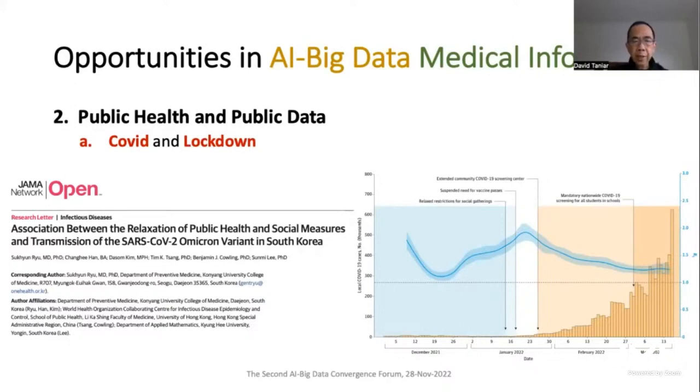So in this paper, they analyze the impact of restricting gathering, and also when they relax the gathering, but they do more testing in the public space, like for example, schools and so on. And you can see actually the increase of the R value and then decrease after that. So this is very interesting.